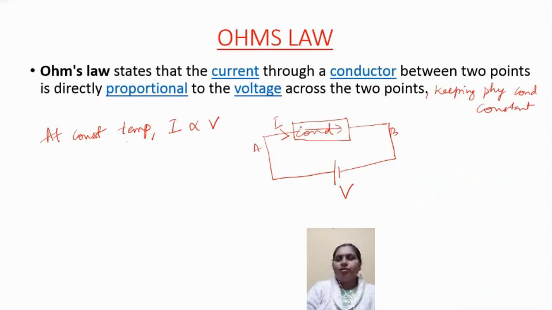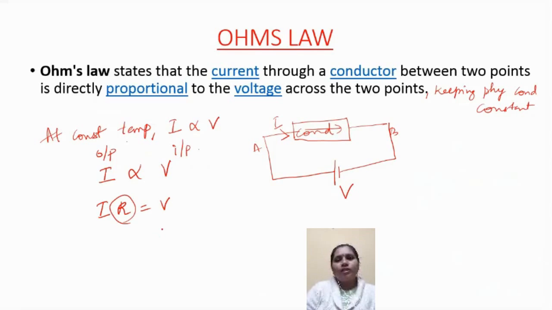Current is my output and voltage is my input, right? So to remove this proportionality, I am placing a proportionality constant which is known as R.